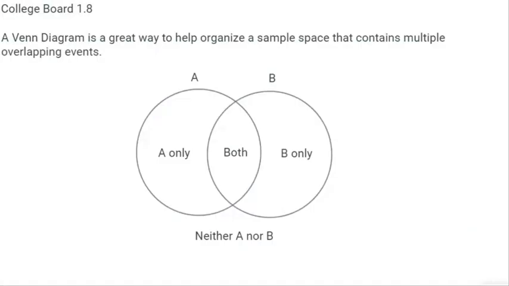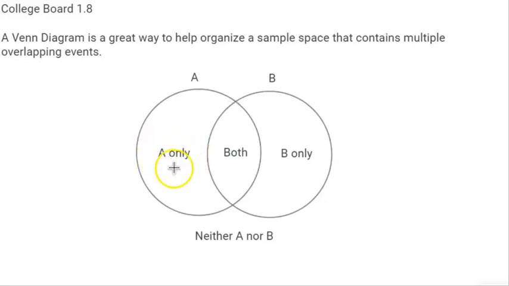Next, we're going to look at Venn diagrams. A Venn diagram is a good way to help us organize a sample space of compound events. So we have one circle per event, and the section where the circles overlap represents outcomes where both events happen simultaneously.